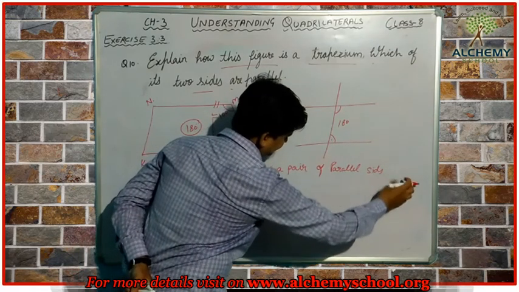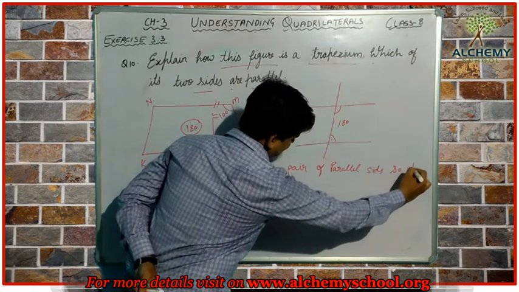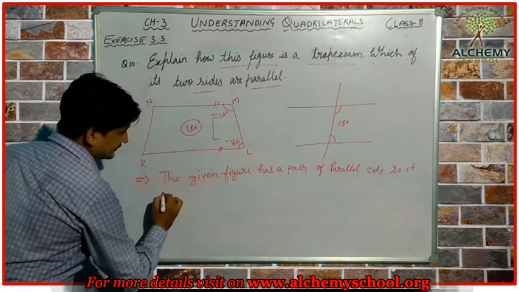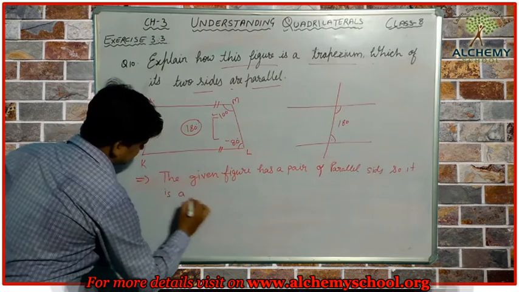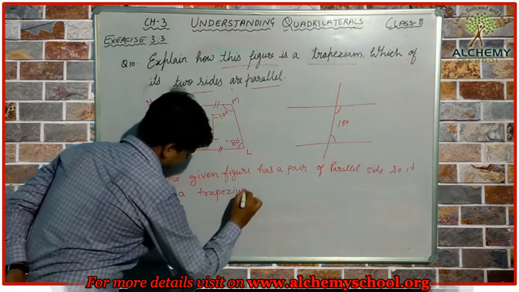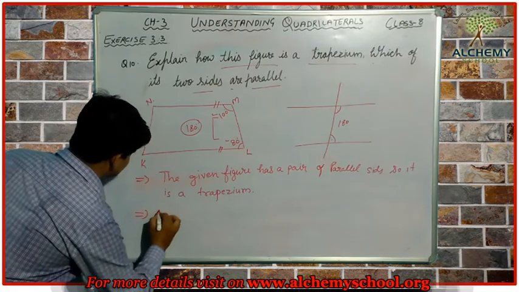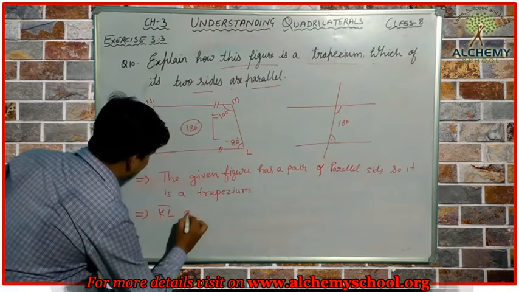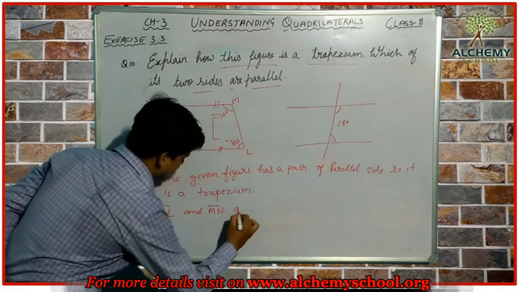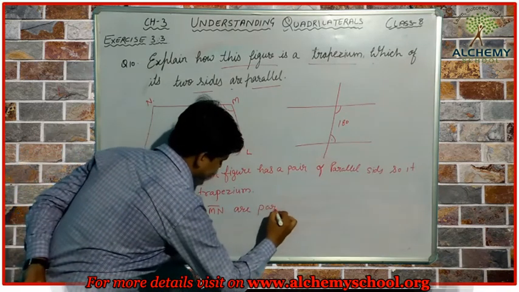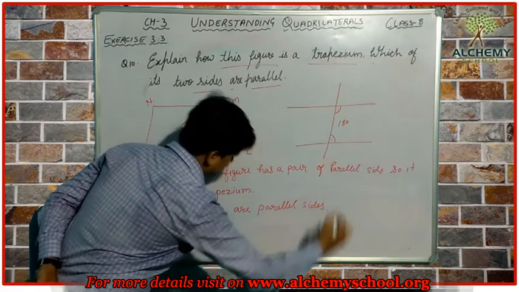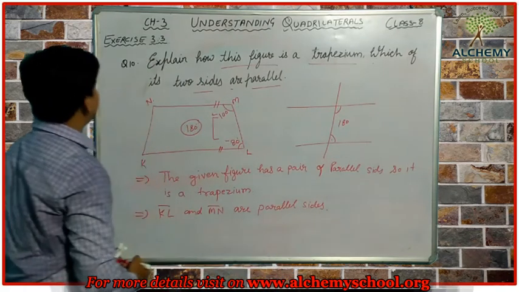So it is a trapezium. Second answer is KL and MN are parallel sides. Okay, let's see the next question.